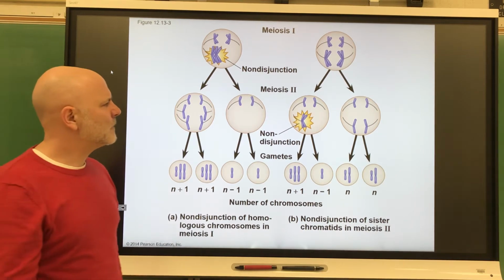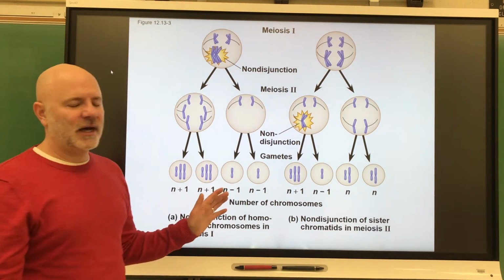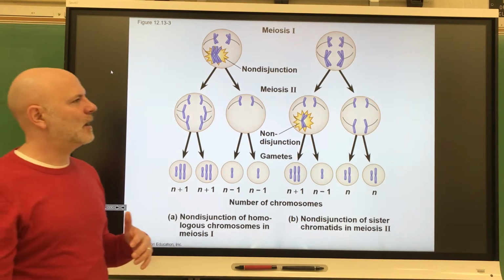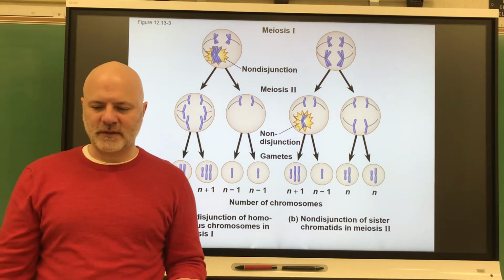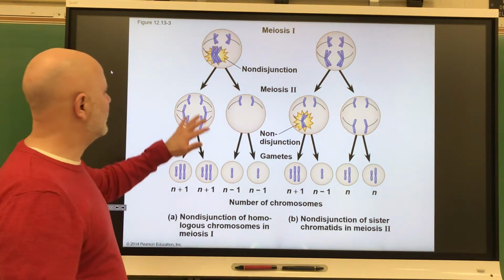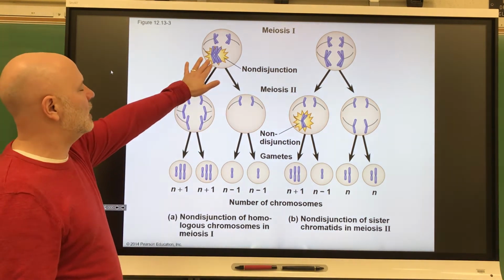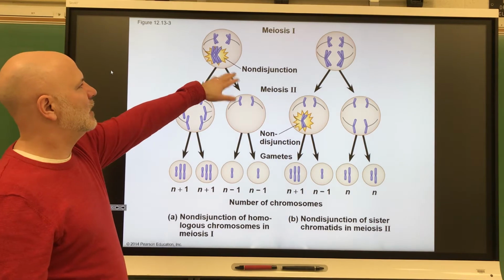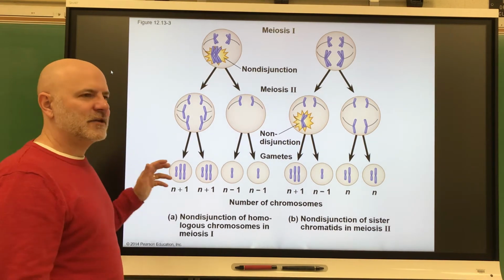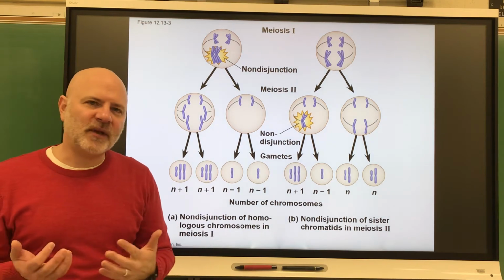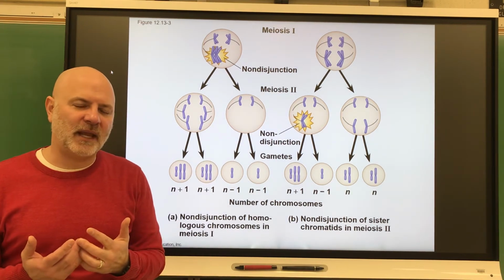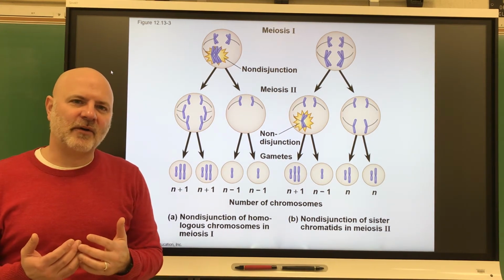One kind of situation is called polyploidy, and this is a cell with extra sets of chromosomes. So instead of non-disjunction occurring with 1 chromosome, it's going to occur with them all. In this case, you produce diploid gametes. Those diploid gametes aren't going to match up with haploid gametes to produce viable offspring.